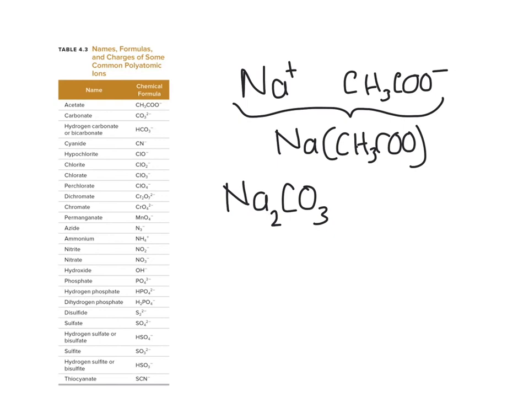You should familiarize yourself with the common polyatomic ions shown in this chart. In addition, you should be able to predict the charge on any nonmetal ion and any metal ion.